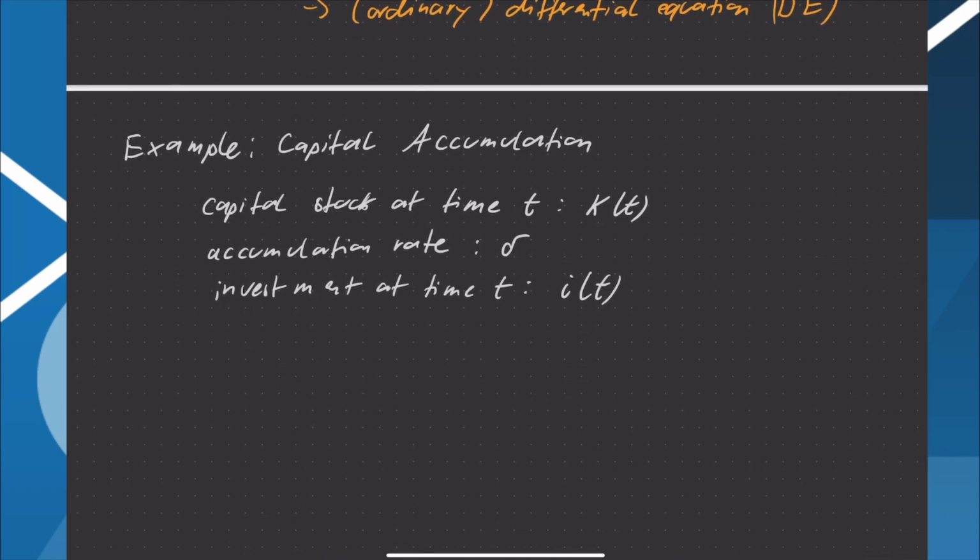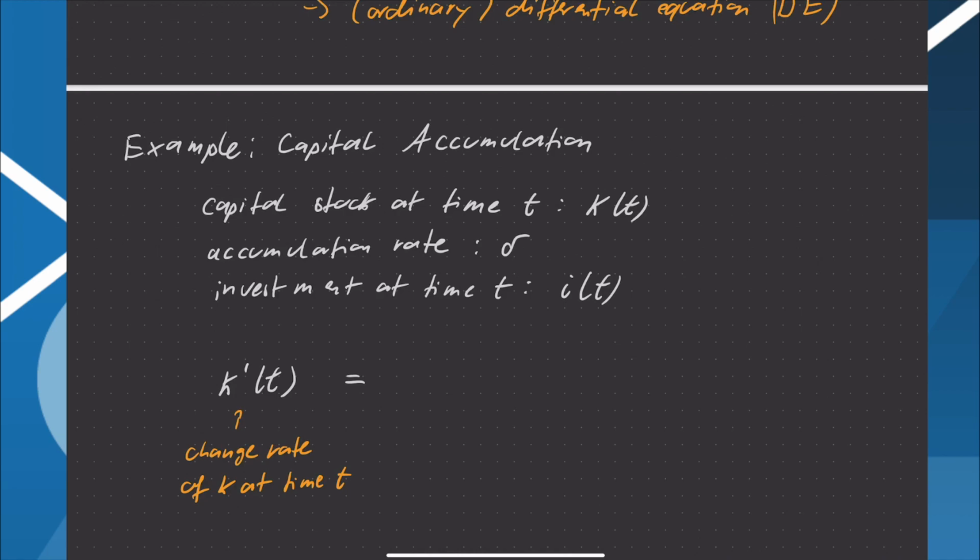And we want to relate the change rate of the capital to these factors here. So the change rate of the capital, that is k prime of t. Change rate of k at time t. And well, how does the capital change? Well, of course, it changes according to the accumulation rate and the current capital stock.